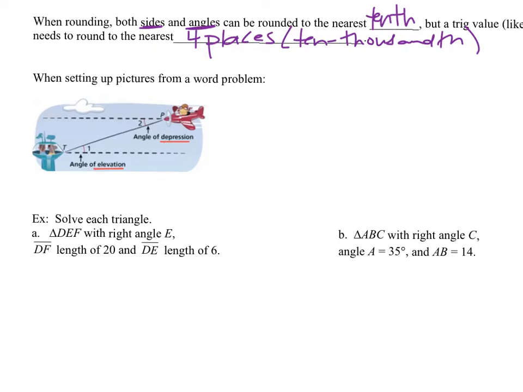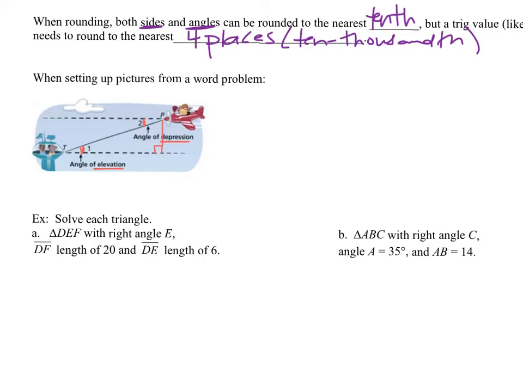So we see that airplane and it's up in the sky looking down at the watchtower. Notice the angle 2 that's on the outside is called the angle of depression. If we were to draw an altitude down to the bottom, that angle's not inside the triangle. However, on the bottom, from the air traffic control tower up to the pilot, the angle of elevation is.